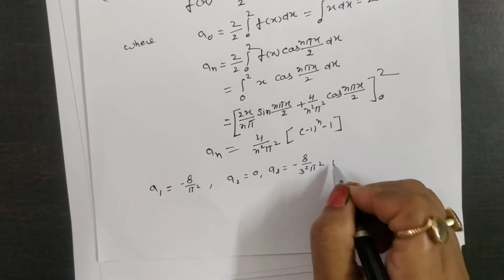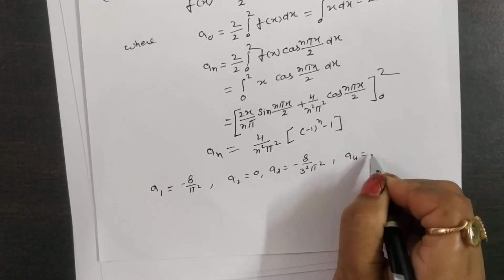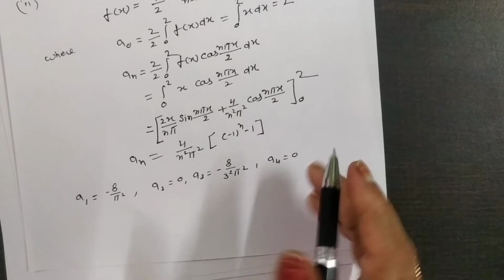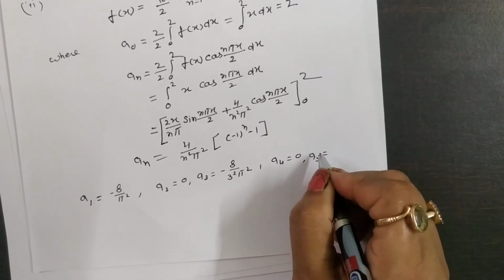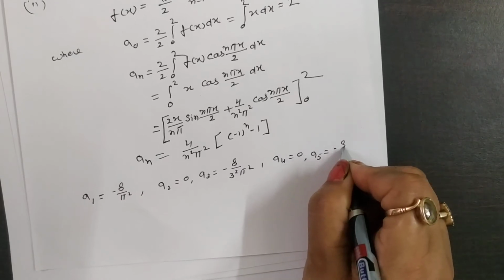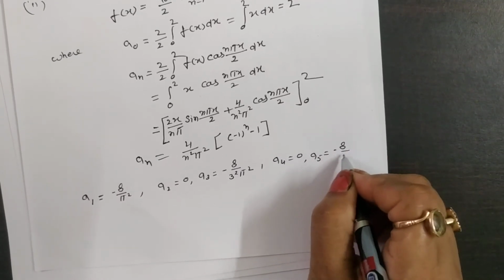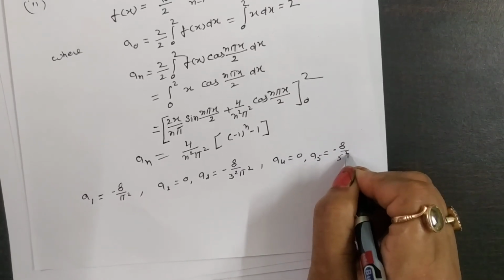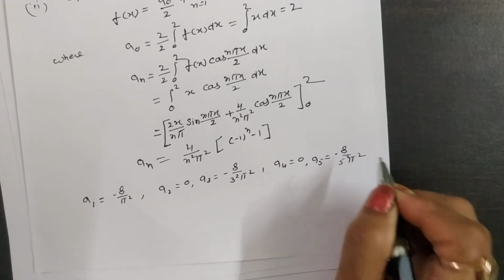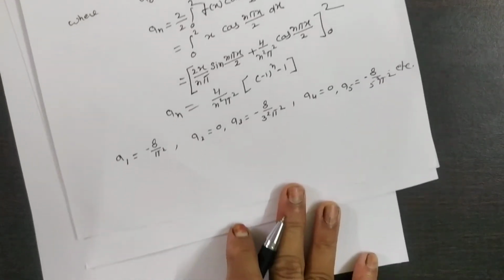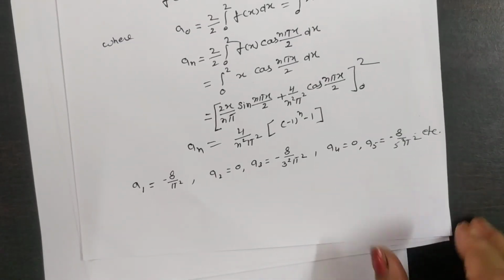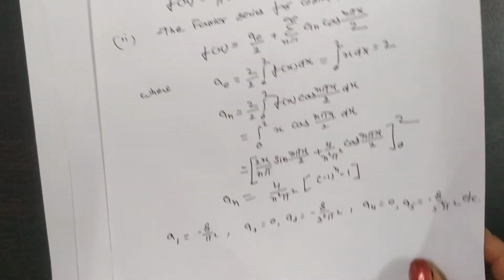Similarly a4 is 0, and if you calculate a5, you also get minus 8 by 5 square pi square, and so on. These are the values for a1, a2 and so on. Now substituting into the series, you get the result.